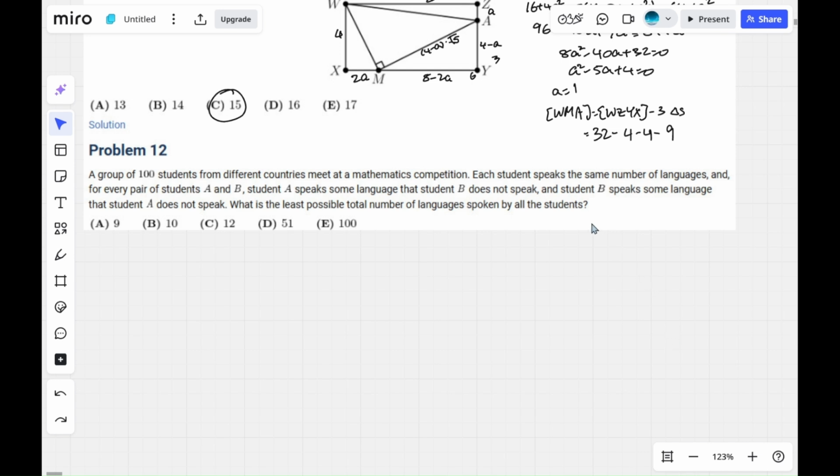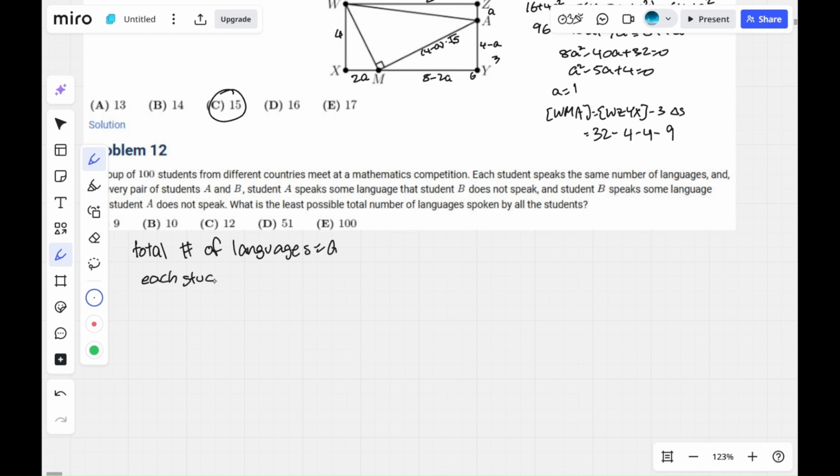Okay, so we can say that the total number of languages is equal to a, for example, and each student speaks b languages. So there are a choose b ways to assign b languages out of the a to all the 100 students.